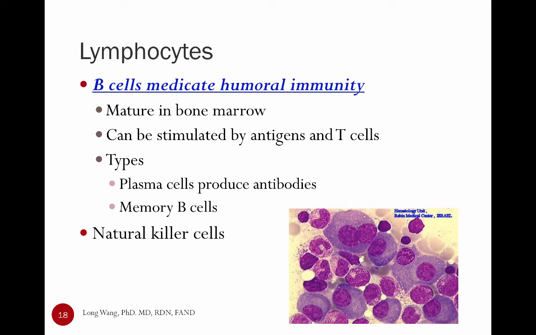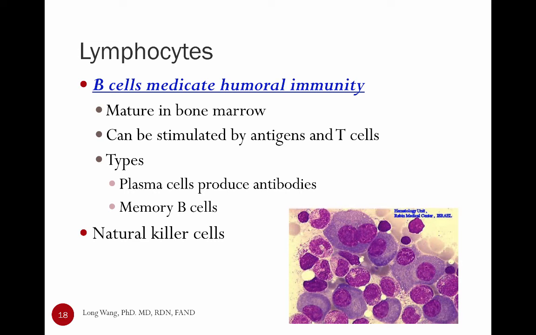One is plasma cells. So plasma cells are responsible for producing antibodies. So please note here, plasma cells is a specific term, referring to the type of B cells that produce antibodies. It doesn't mean any cells in the plasma. So please make sure this is a term by itself, plasma cells.